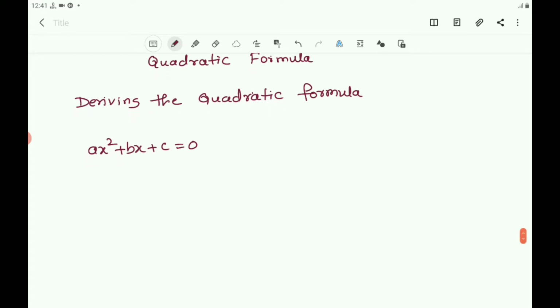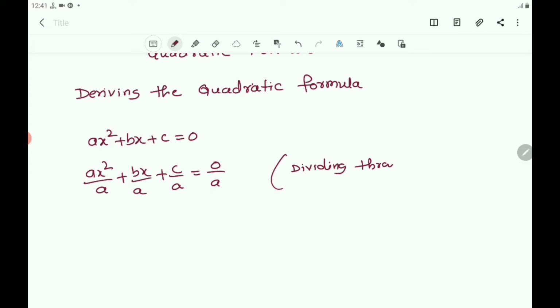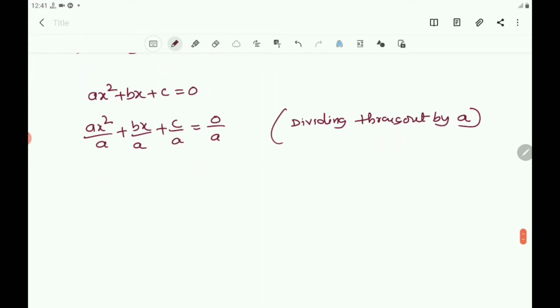Before that, you divide each term of this equation by a, that is ax square by a plus bx by a plus c by a equals 0 by a. Why do you have to divide?